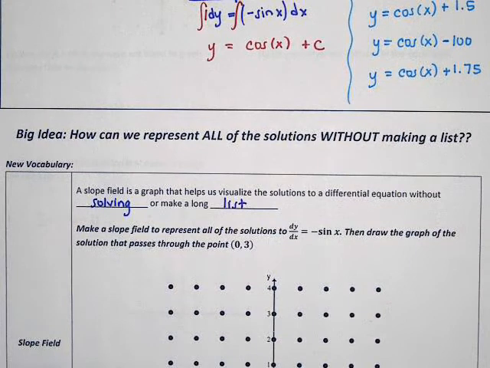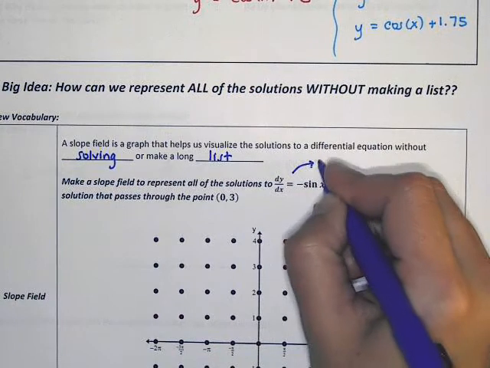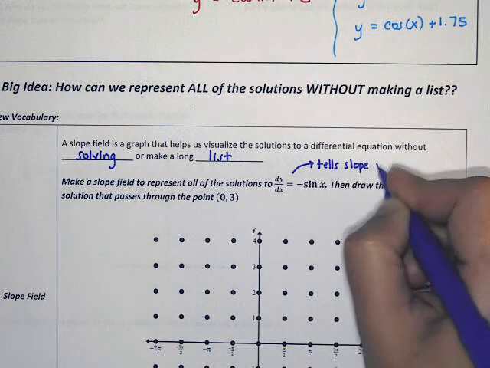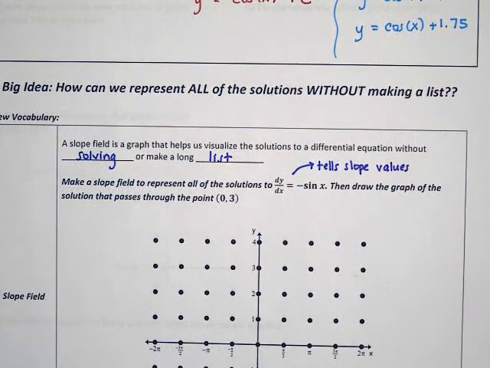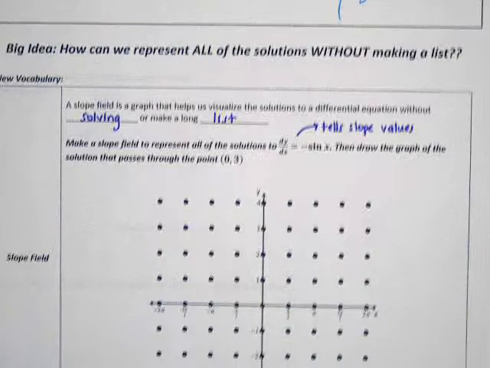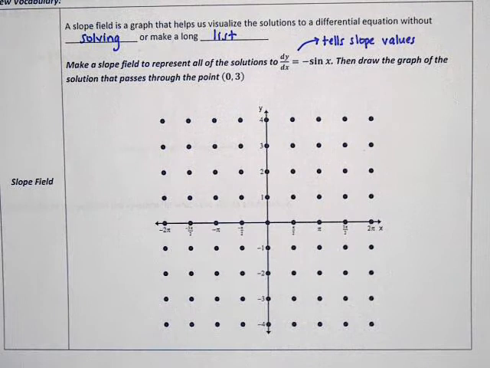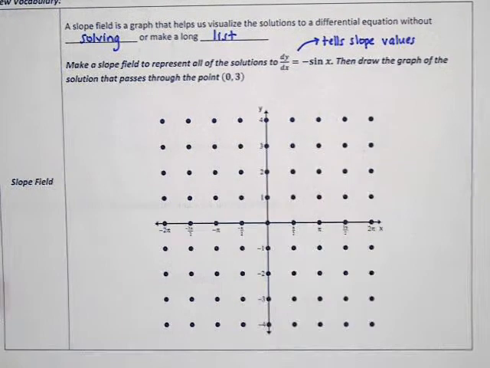Here's what a slope field does. Since a differential equation tells us slope values, we can use that differential equation to picture little tiny pieces of the graph at those numbers. For example, let's start by making a slope field on this graph. Our differential equation is the same one we just solved.